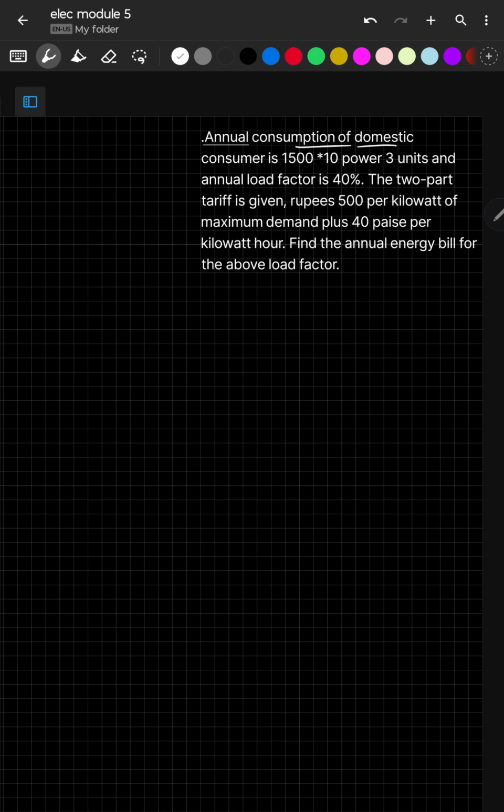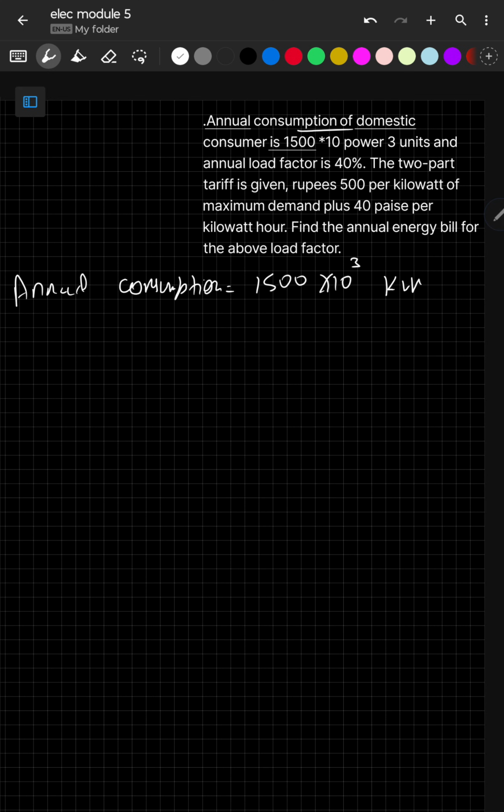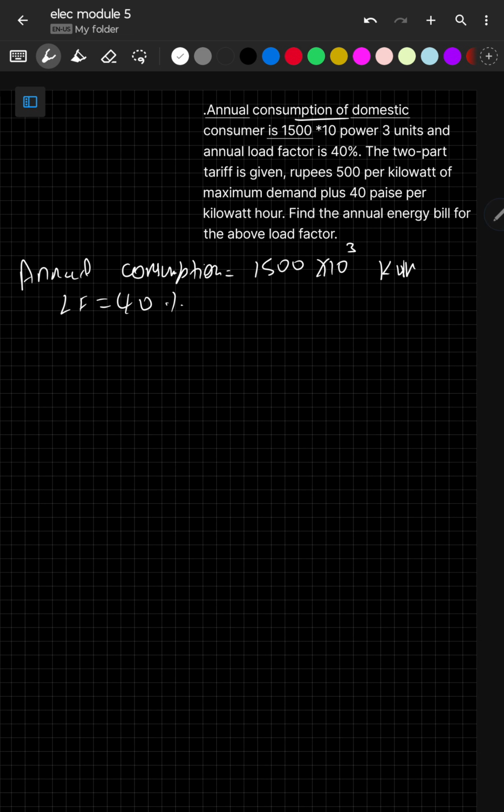Annual consumption of a domestic consumer is 1500 into 10 power 3 units, basically kilowatt hour. Annual load factor is 40%. Two-part tariff is given, rupees 500 per kilowatt. We have to find the energy bill.